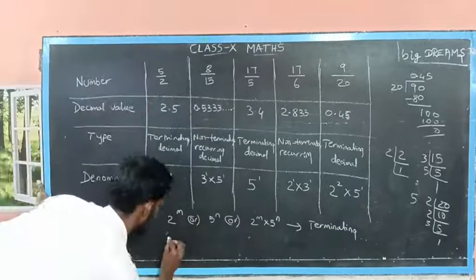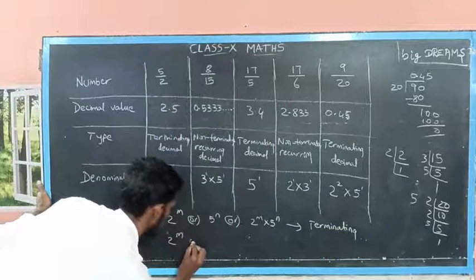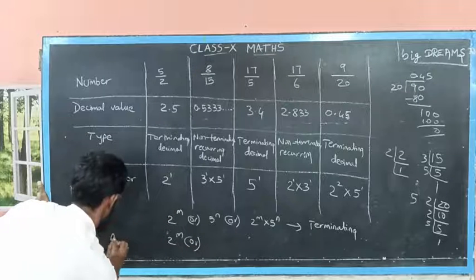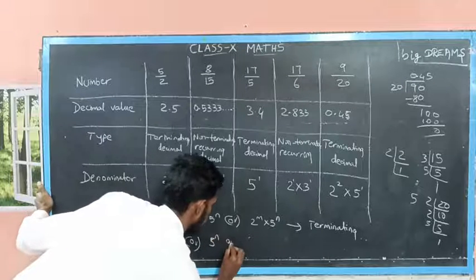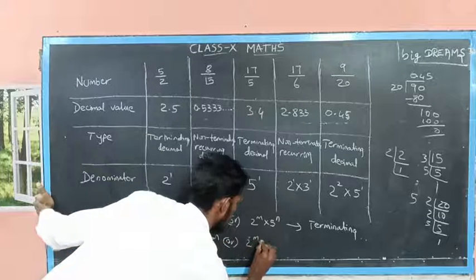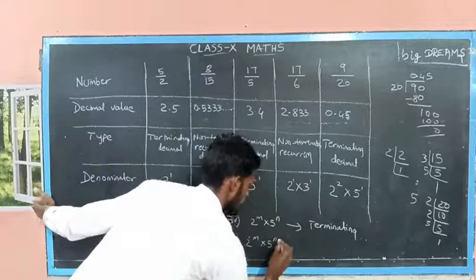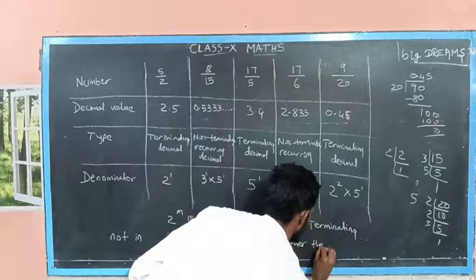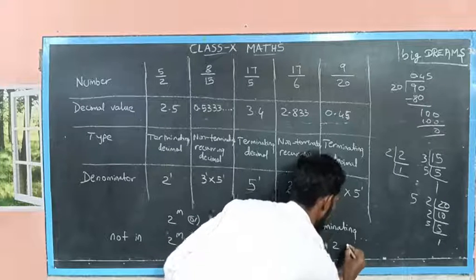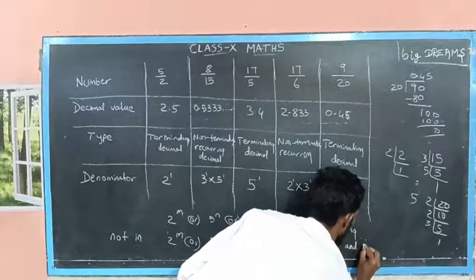So if it is not in the form 2 power m or 5 power n or 2 power m into 5 power n, it means there are factors other than 2 and 5.